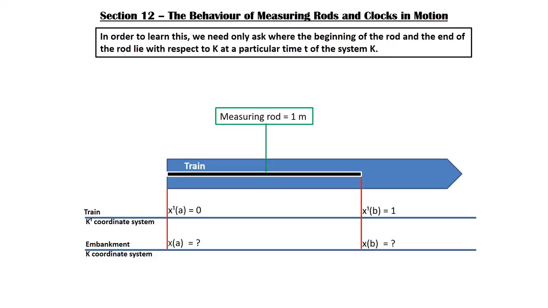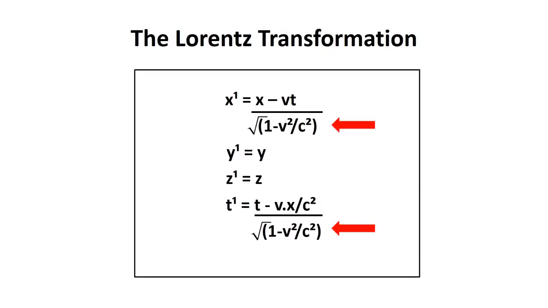We're now in a position to make that calculation, but before doing so, it is convenient to establish some naming conventions. The beginning of the rod on the K1 system we will name x1a. The end of the rod we will name x1b. We will adopt a similar convention for the values on the K system. It is also useful to introduce a shorthand for the Lorentz factor.